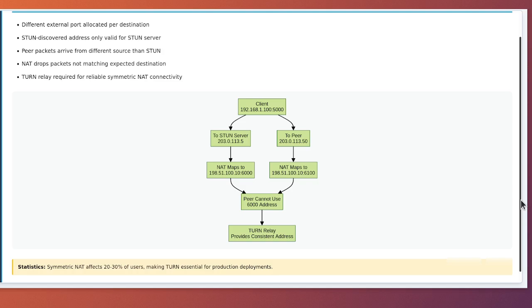Some sophisticated techniques exist to work around symmetric NAT in certain scenarios, but they are not reliable. One approach is port prediction, where one attempts to guess what port the symmetric NAT will assign next based on patterns in previous port assignments. Some symmetric NATs increment ports sequentially, so if 6000 was allocated for one destination and 6001 for another, one might predict 6002 for the next.